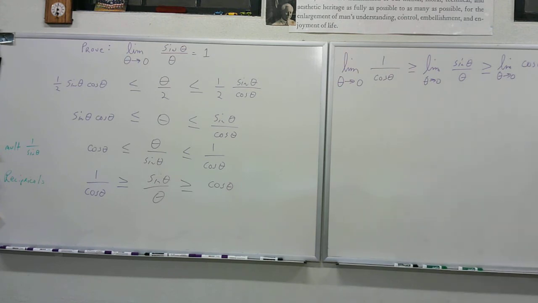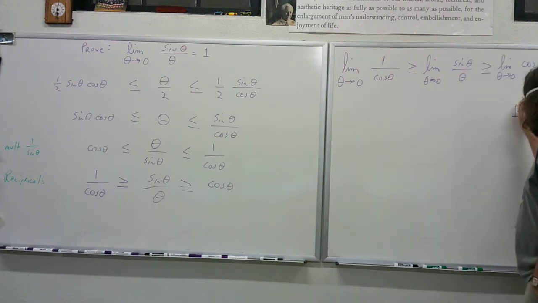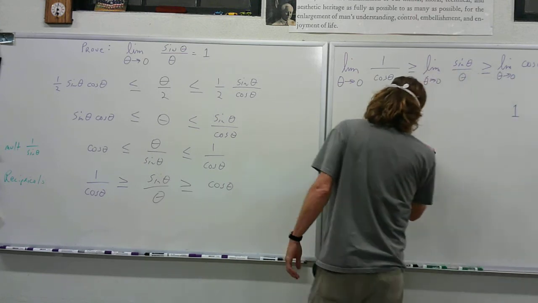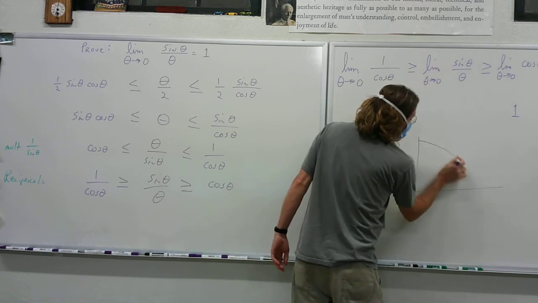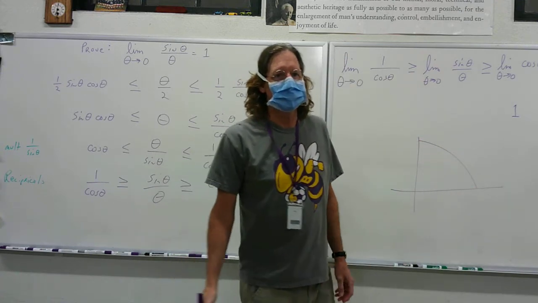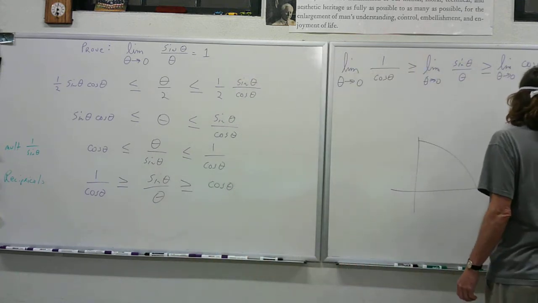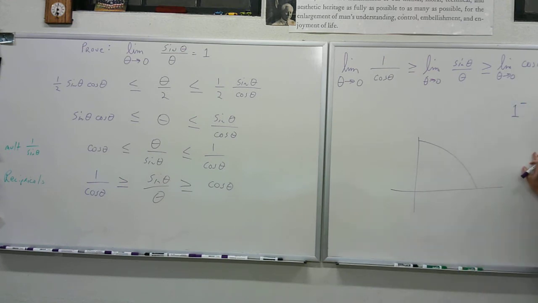Now, everybody already knows that this one equals how much? 1. I'm going to help you out too about that. This one does equal 1, but I also want you to realize that as theta gets closer to 0, who said that from the negative side? Yeah, it's going to approach 1, but it's going to approach 1 from numbers smaller than 1.